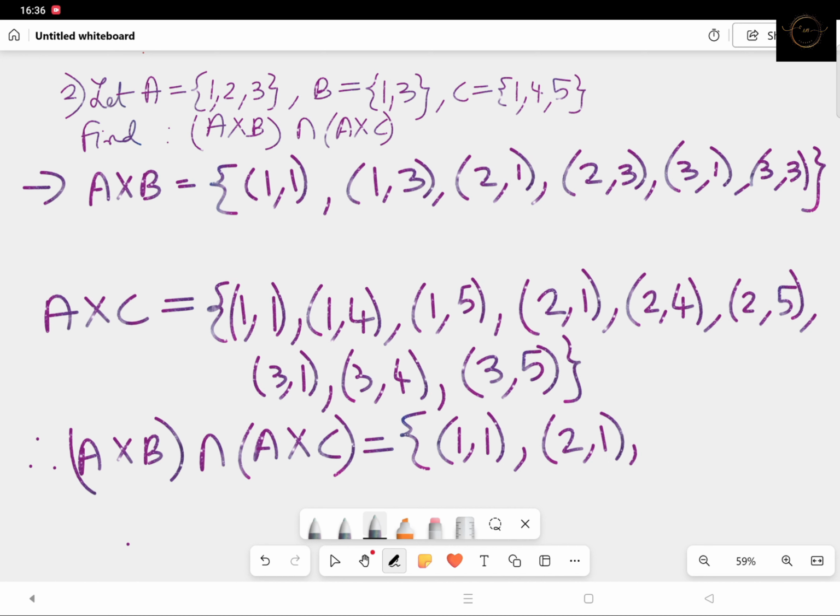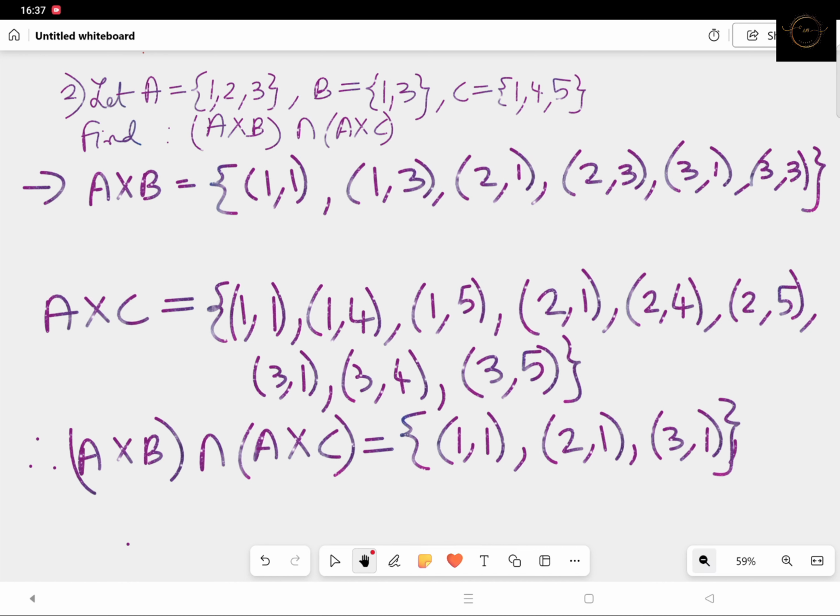So (2, 1). (2, 3), is it there? No. (3, 1), is it there? Yes. So (3, 1). Again (3, 3), is it there? No. So that's it. So this is the answer. So you have to find out individually whatever is asked, then the intersection or union, whatever may be the question, you have to find out in that way.